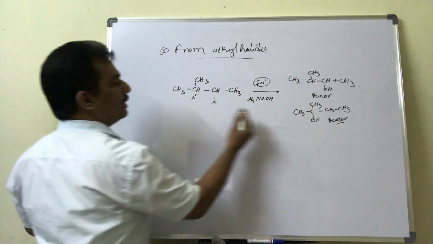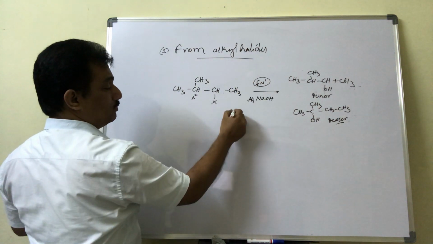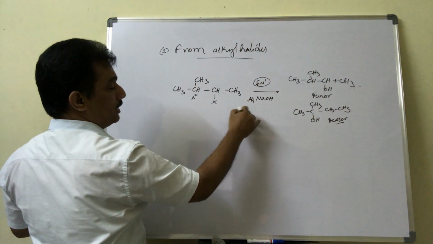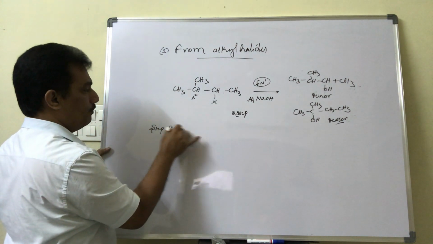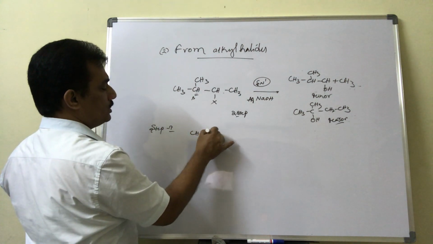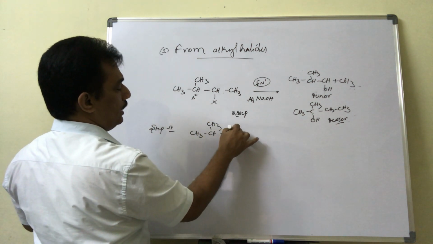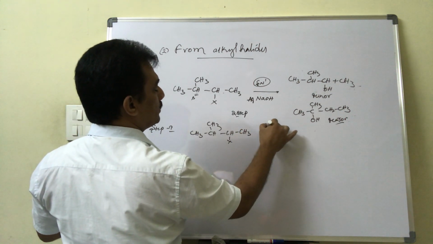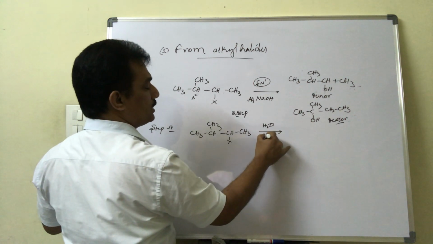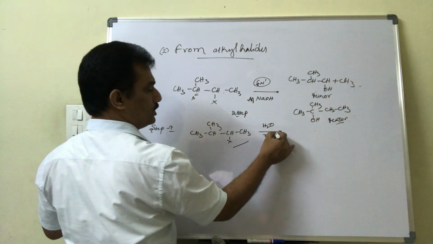It is nothing but, in this reaction, which is SN1 mechanism, a two-step reaction mechanism. Now let me consider step 1. What is happening in step 1? In this one, CH3, CH, CH3, CHX, CH3, when it is kept in water, it is undergoing the rate determining step, and only one molecule, that is the substrate molecule, is involved.